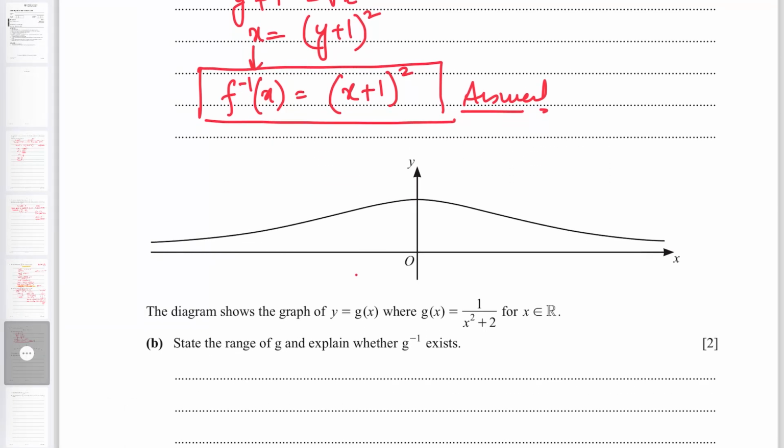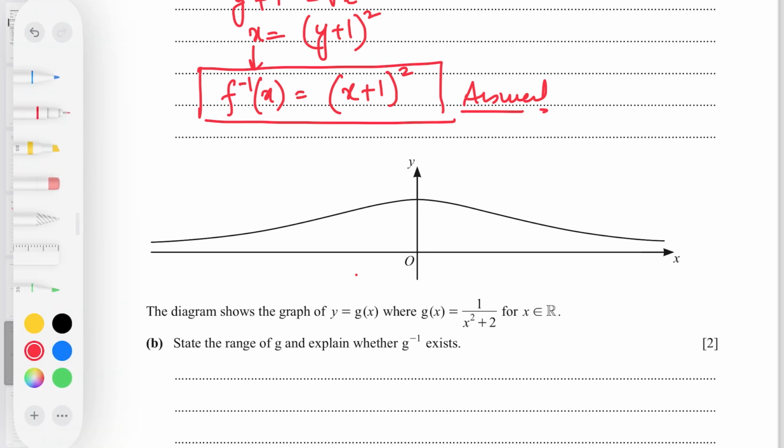State the range of G and explain whether G inverse exists. Now, since the graph is already drawn, you can see that the graph does not touch the y equals 0 value. It goes parallel to it. So the lowest value that it hits is going to be 0. It doesn't even hit it. It approaches 0. And what is this maximum value? We input, this is where the value of x is 0.